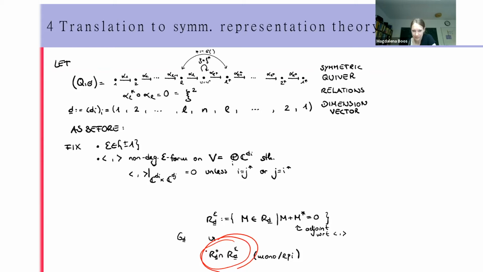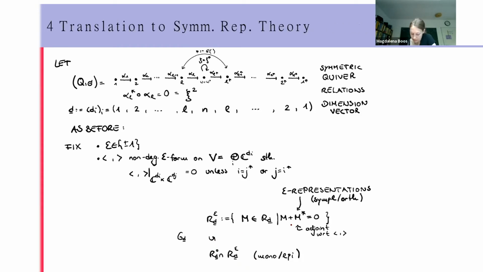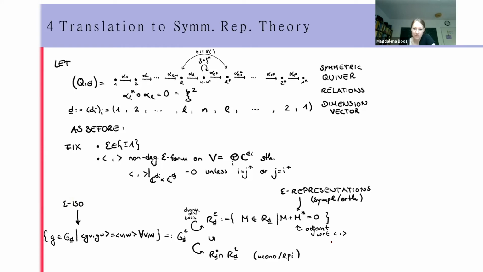That's the variety we work with. These are the symplectic or orthogonal epsilon representations of this quiver. And on the left-hand side, G_D epsilon is the group as before. And then we have actions. So this is the same, but for this example.